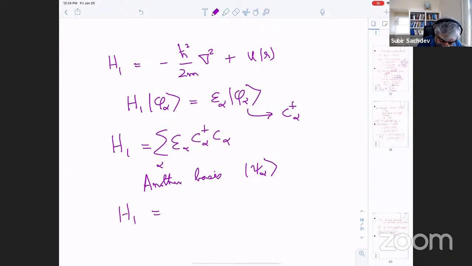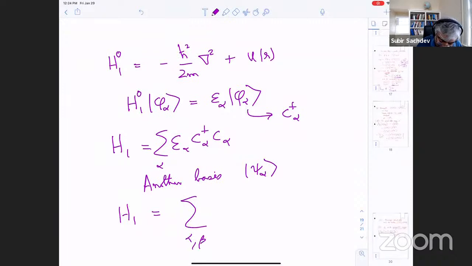Let me call the single particle part H1 0, because it's a single particle term, and H1 is the full many particle Hamiltonian.